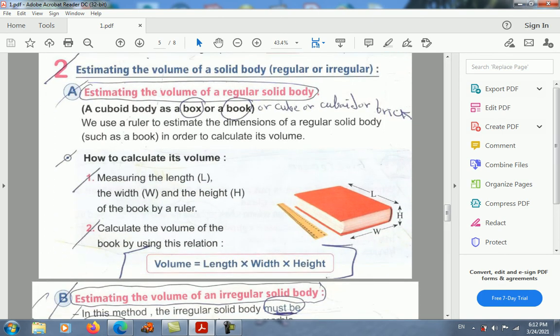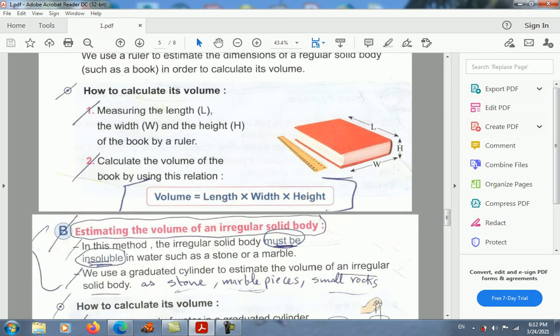Number two, estimating the volume of a solid body, regular or irregular. A, estimating the volume of a regular solid body, a cuboid body as a box or a book in our case. We use a ruler to estimate the dimensions of a regular solid body, such as a book, in order to calculate its volume. So, how to calculate its volume?